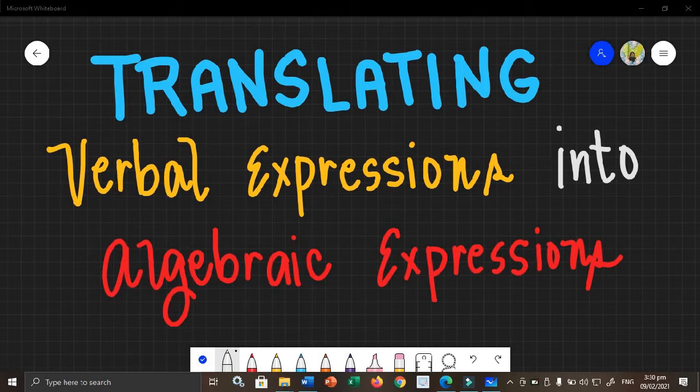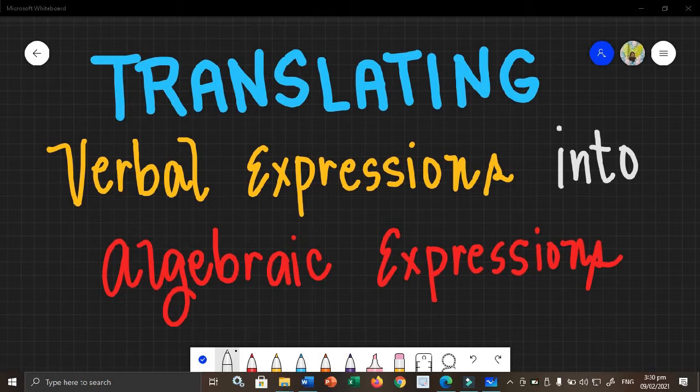So, pag sinabi naman natin algebraic expression, andyan na yung mga presence ng letters, tinatawag natin silang variables sa algebra. Let's say for example, we have 3 plus x, andyan na yan. May x na, may variable na. And let's say we have 1/2 of x minus 1/4 of y. So those are examples of algebraic expression.